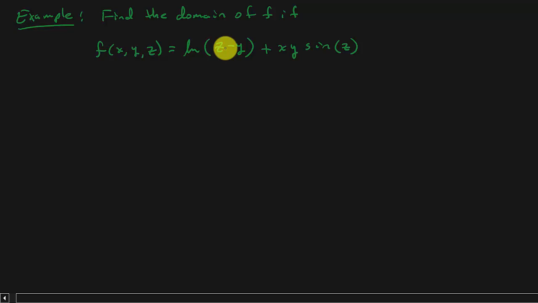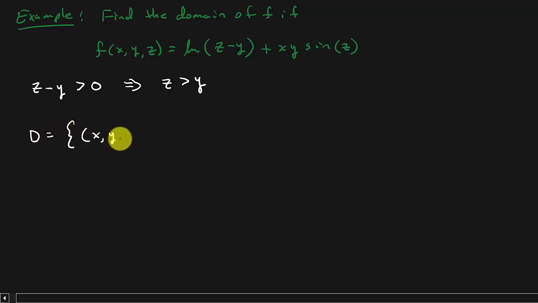Well, we know whenever we take the log of a number, that whatever that is, has to be positive, has to be larger than 0, which we also can write that z is greater than y. Okay, I just moved the y over, that's it. So the domain is equal to the set of all x, y, z such that z is greater than y.